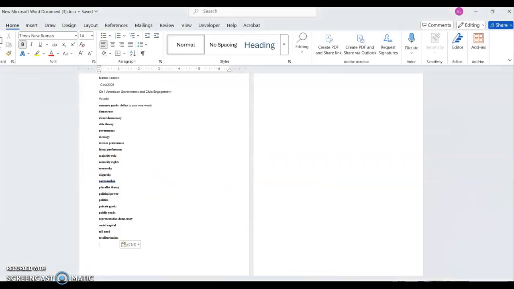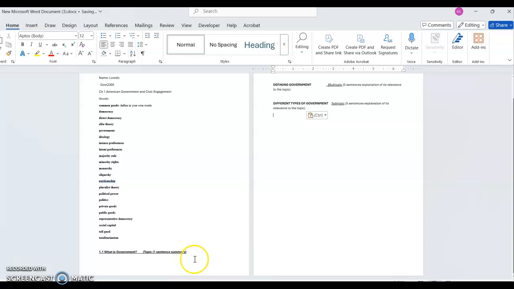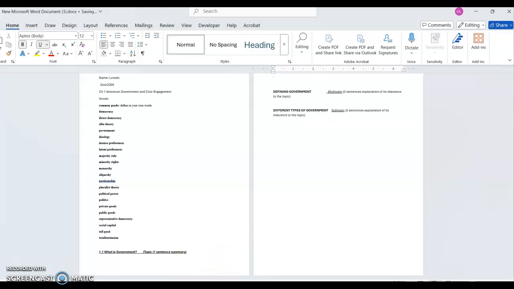So after you identify the first topic and the subtopics that follow, you're going to start your outline. So remember, the instructions say that you would have to summarize the topic in one sentence.